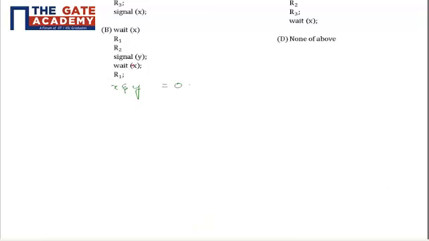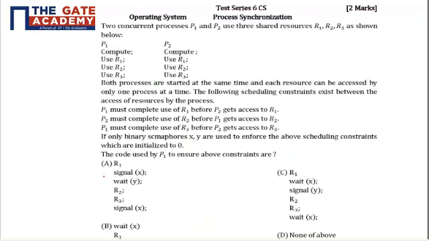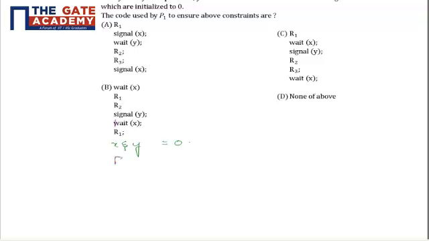In this question, first we have to know that P1 must complete use of R1 before P2 gets access to R1. So first write it here, process P1 and this is process P2. The process P1 first gets the access of resource R1. So at this time process P2 will be in waiting state, so the wait of X. Next, after completion of R1 only, the process P2 will get R1.